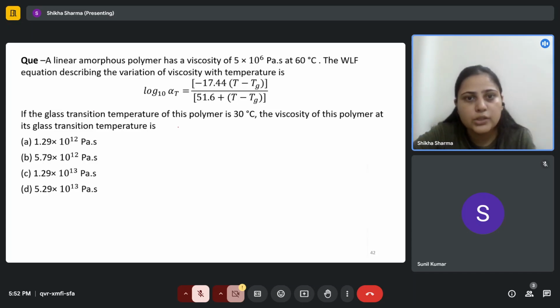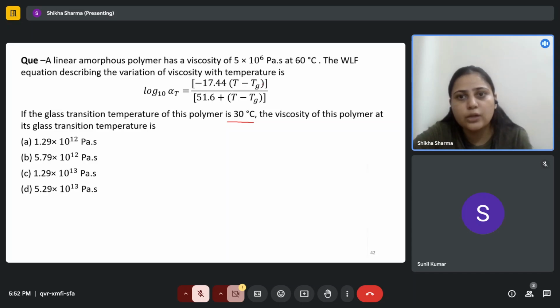If the glass transition temperature of the polymer is 30 degrees Celsius, the viscosity of the polymer at the glass transition temperature is? So this is the WLF equation, and we need to calculate the viscosity at glass transition temperature.